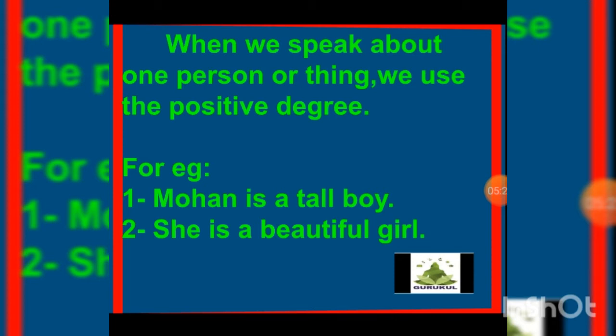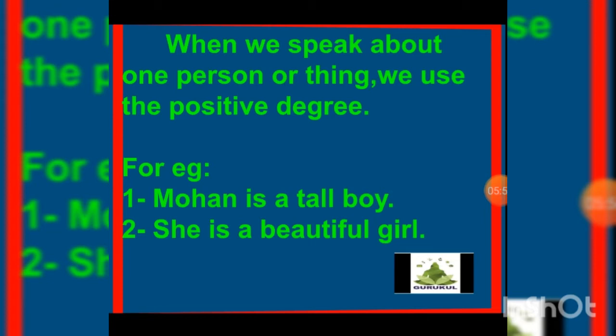And tall is a one syllable word, but when we say the word beautiful, it has more than two syllables, isn't it, children? So it is called a positive degree. That means we do not compare with any other person or thing. We speak only of one person or thing. It is called a positive degree.